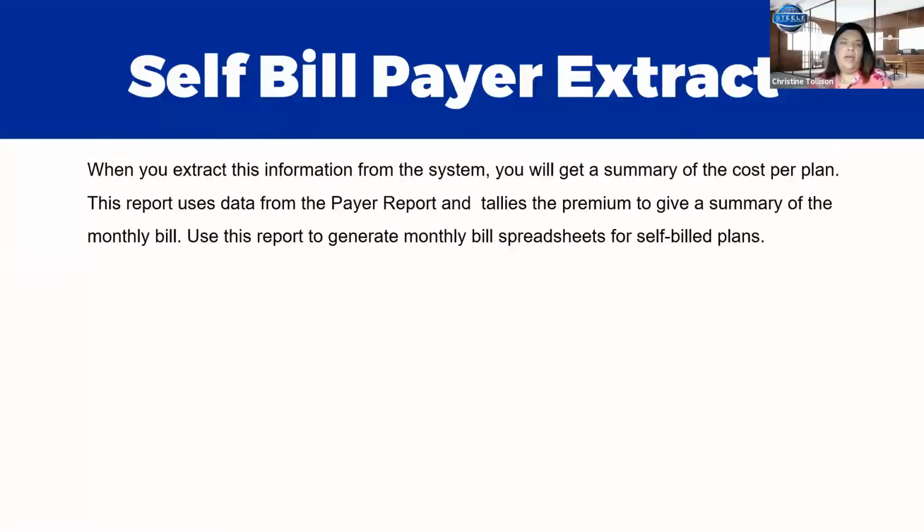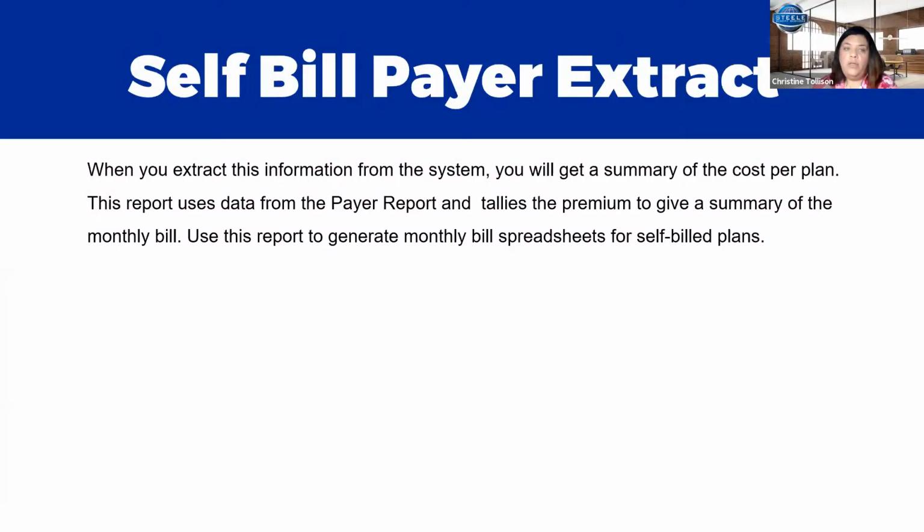All right. The self-bill payer extract is one that is commonly used if you have plans that are on a summary bill. So your carrier isn't requiring you to send them, or they don't send you a bill that lists everybody who's paid. They want you to provide them with the number of people who are covered and what the volume is maybe of the coverage and what premium is that you've collected.